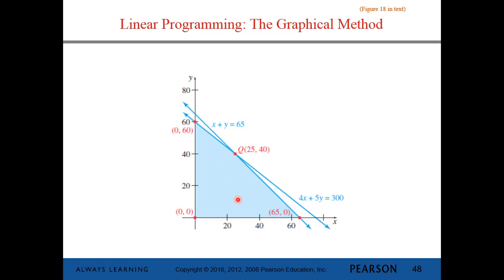Again, this is your region, but you still need to make sure that you have the correct region. And how are you going to do that? Use a test point. Because it could be in between here, it could be in between here, or it could be over here. So just make sure you use test points to find out which is which. Okay. Let's see here.